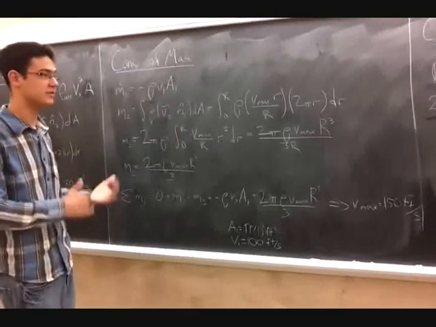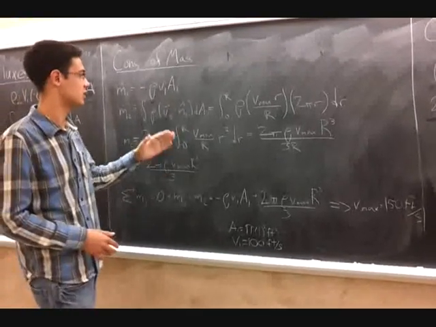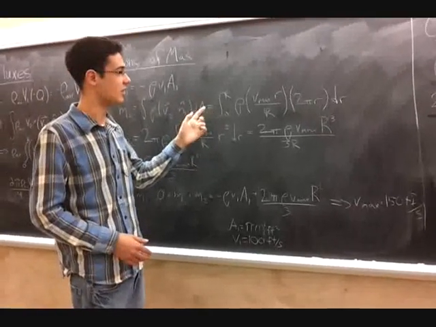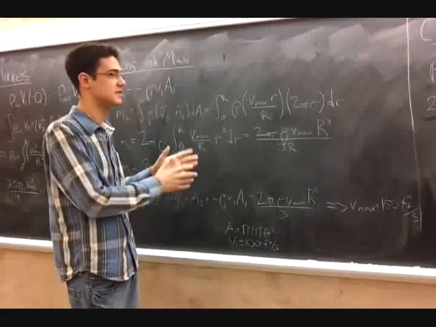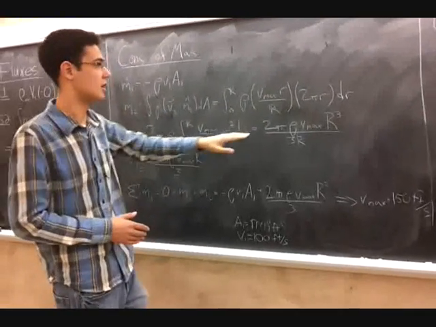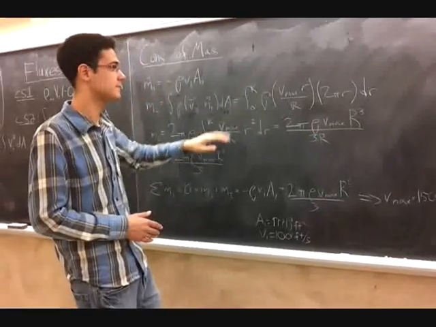Plugging in how we've been defining all the variables, we're just going to use this equation and say the integral from 0 to big R of the density times Vmax little r over big R, which is V2, times 2 pi r dr, which is dA.